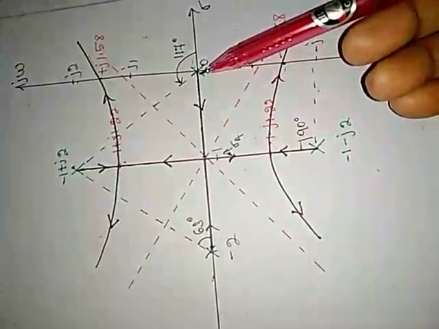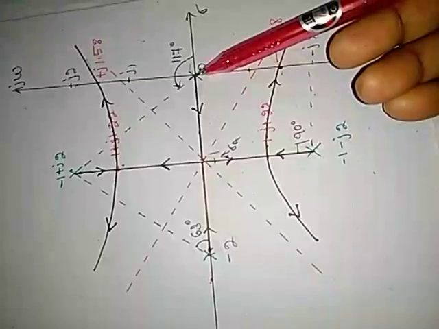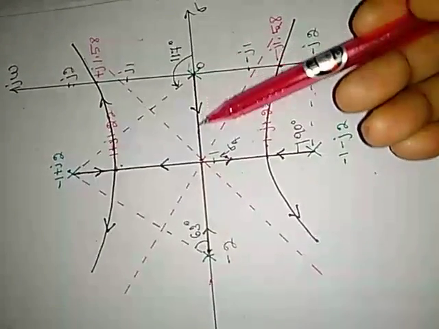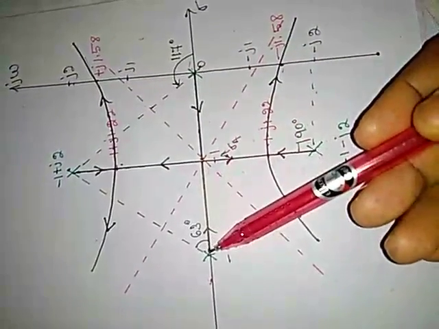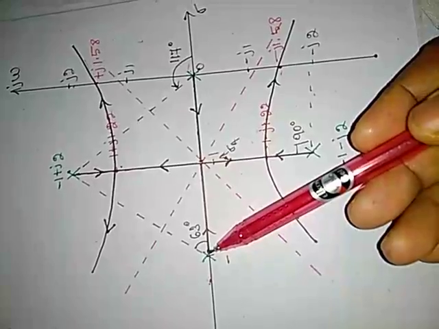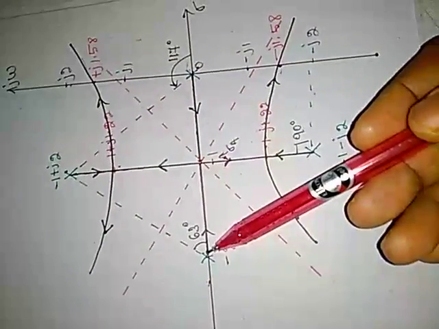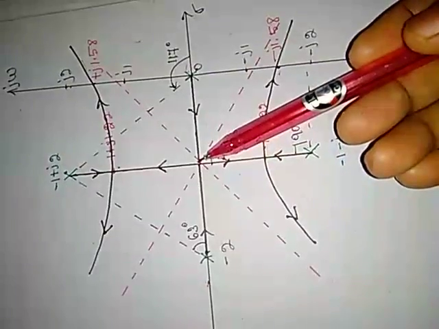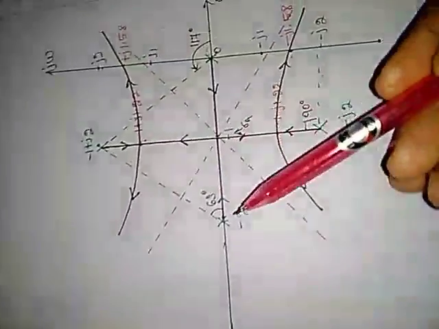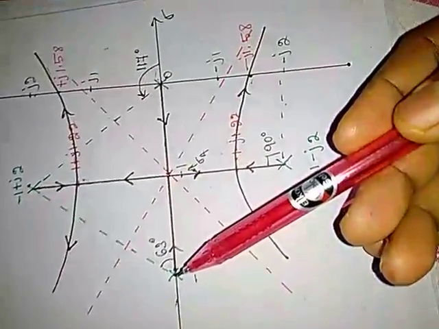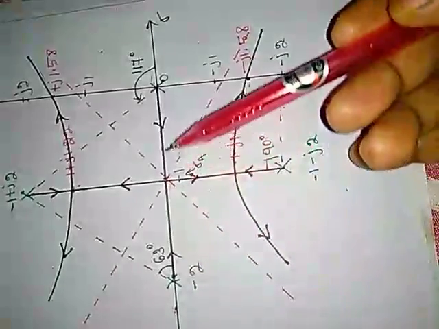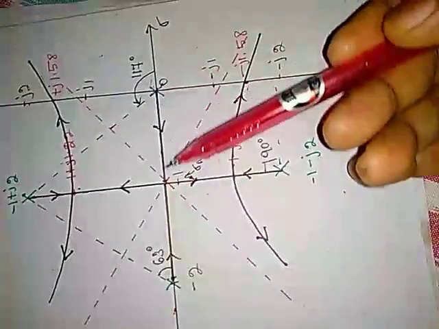So the root locus which starts from this pole moves in this direction. Similarly, the root locus which starts from this pole moves in this direction. Then we find one root locus which is symmetrical about the real axis.